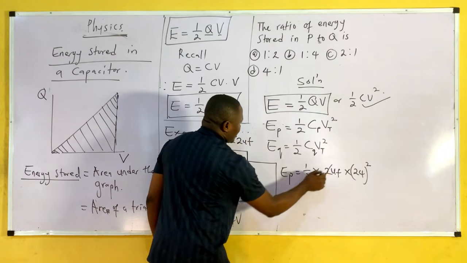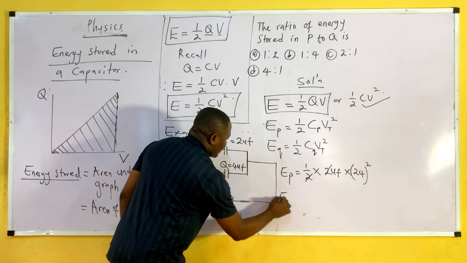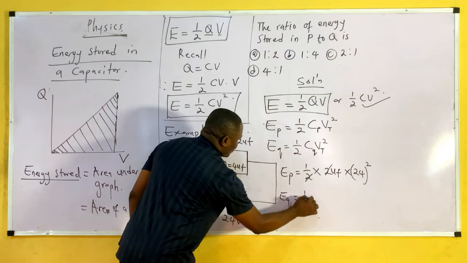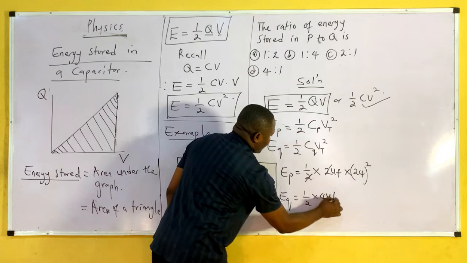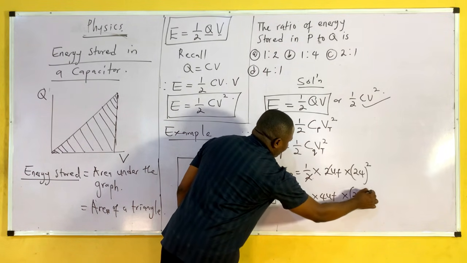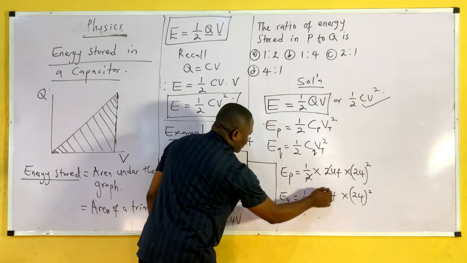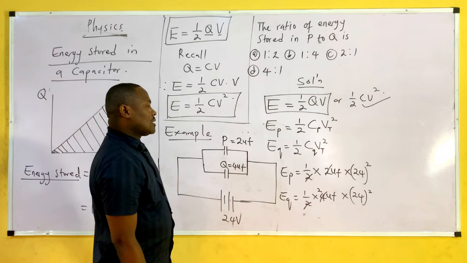My EQ is 1 over 2 times 4 microfarad times another 24 squared. The 1 over 2 cancels with the 4, leaving 2 microfarad times 24 squared.